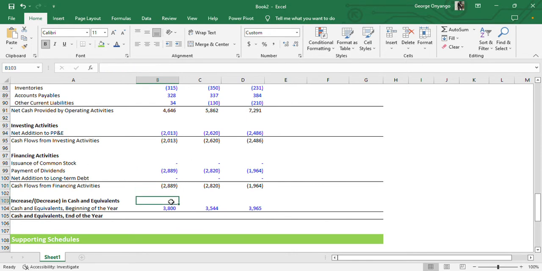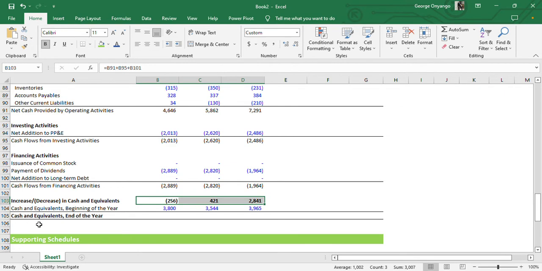So we are going to sum this plus this plus this one here, and we are able to see that there was a decrease in cash equivalents. So we fill that right.